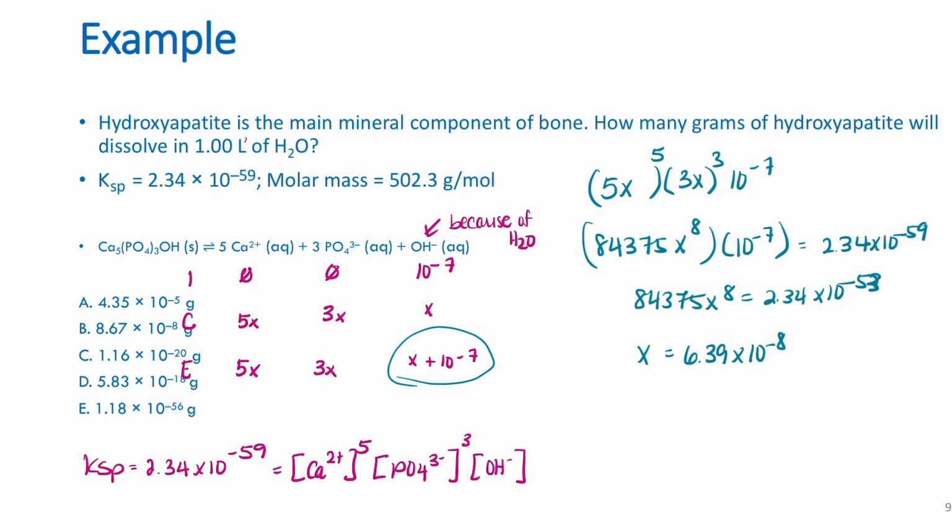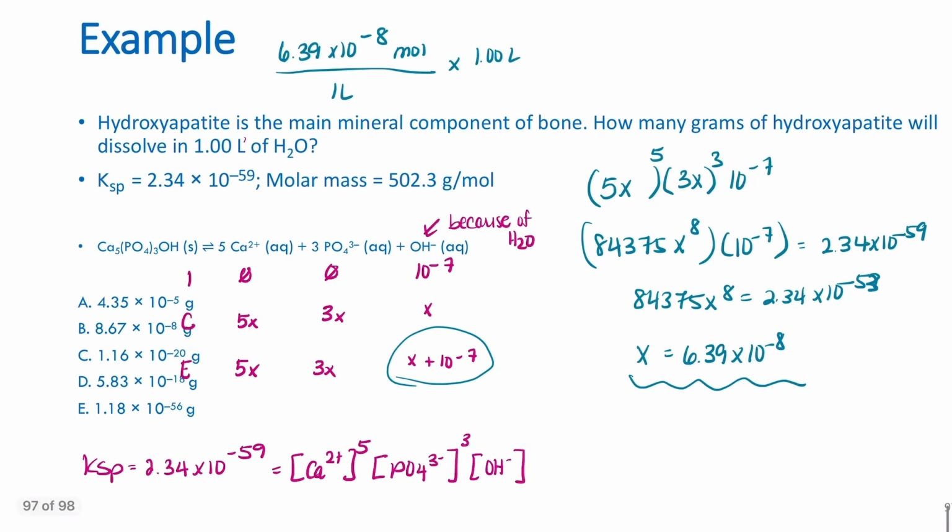So this is my x value, but what is x? X is how much will actually dissolve. So now I take this number and I multiply it by the molar mass of hydroxyapatite. So 6.39 times 10 to the minus 8th moles per 1 liter. I have 1 liter of hydroxyapatite solution, so that gets me to moles, times 502.3 grams of hydroxyapatite per 1 mole.